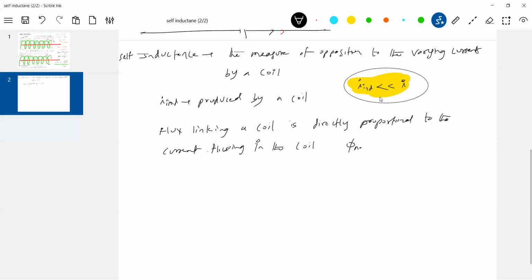To remove this proportionality, I'll bring in a constant called self-inductance. The symbol for self-inductance is L. And what is the unit? Like farad for capacitance and ohm for resistance, similarly Henry for self-inductance.